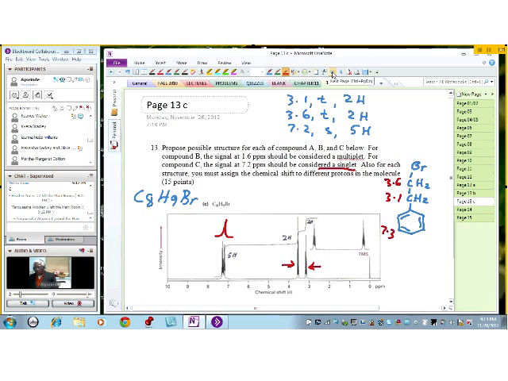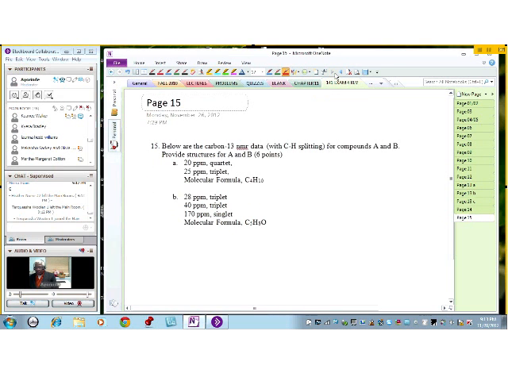Let's see here. I do want us to do this problem here. Now, problem number 15. Oluche, can you go ahead and read this question first? Okay, she may not be.